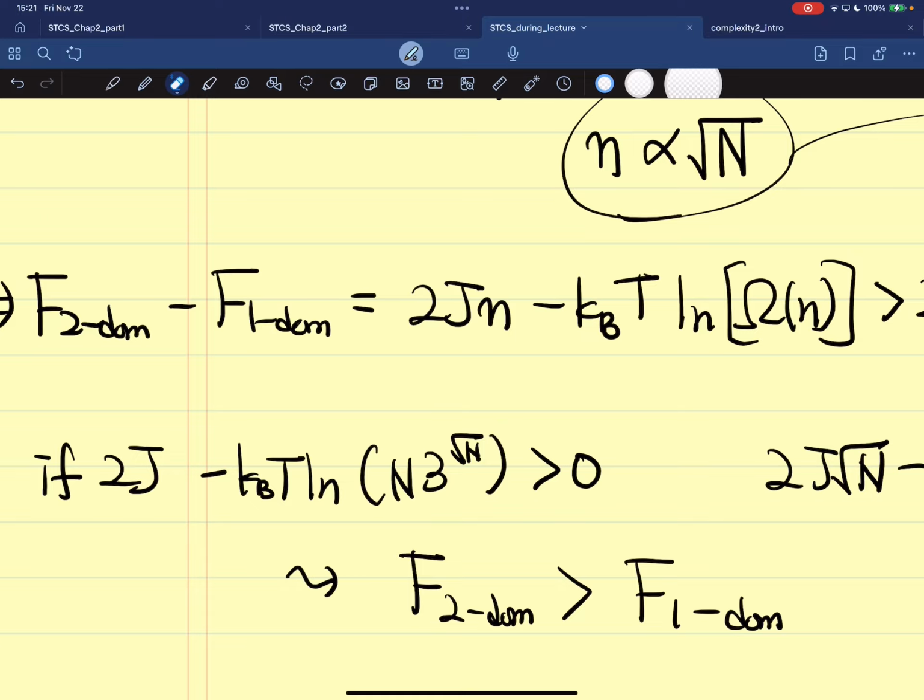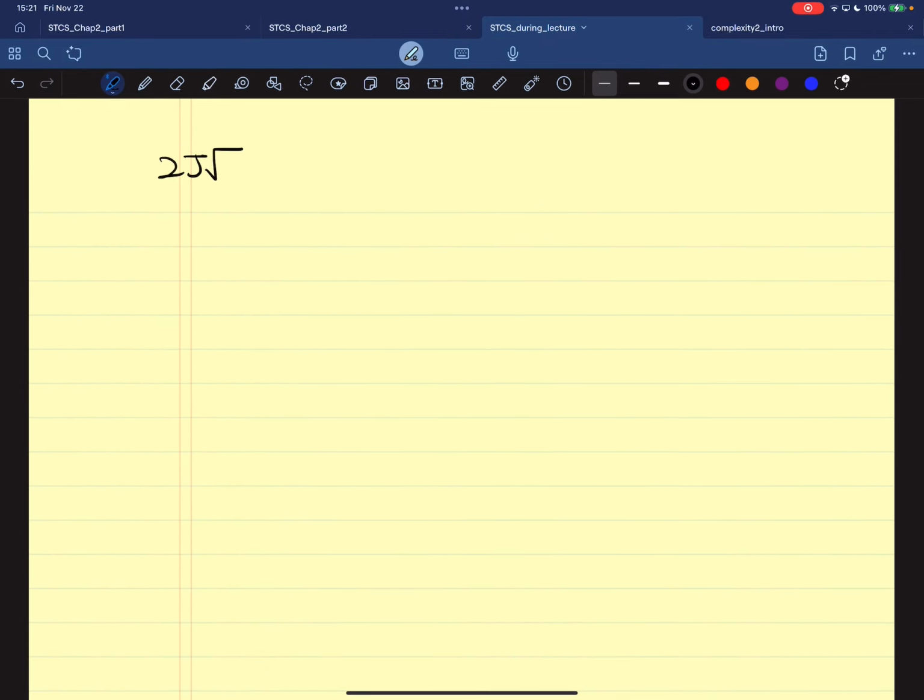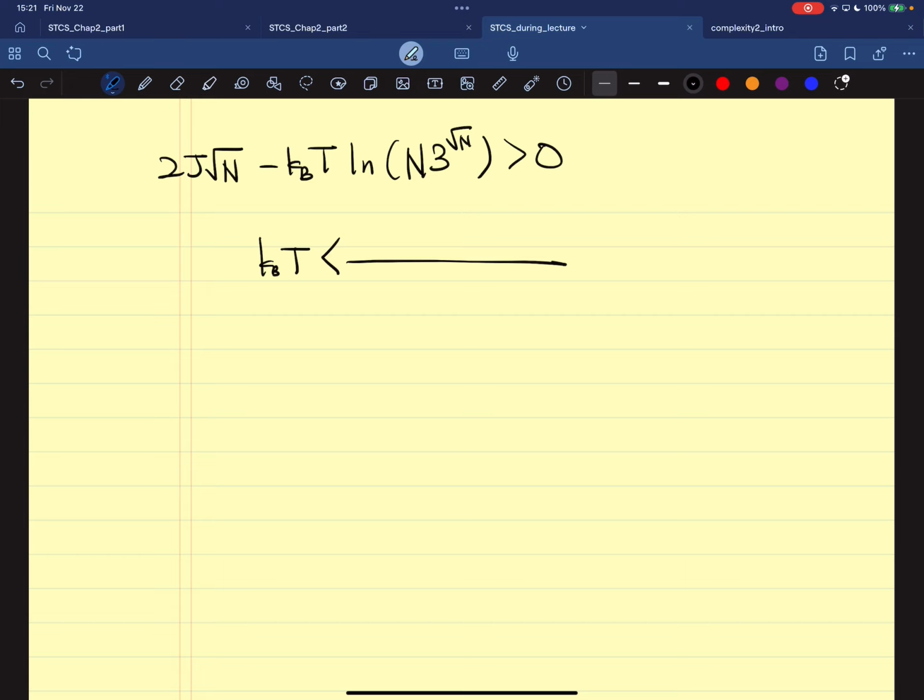Sorry. Then this inequality, this one actually becomes KBT smaller than 2j over log 3 plus log n divided by square root of n. It's a simple rearrangement of terms.